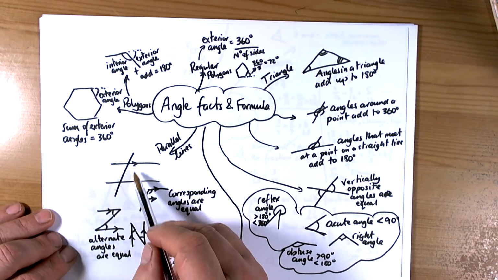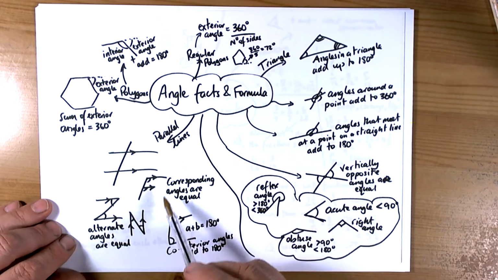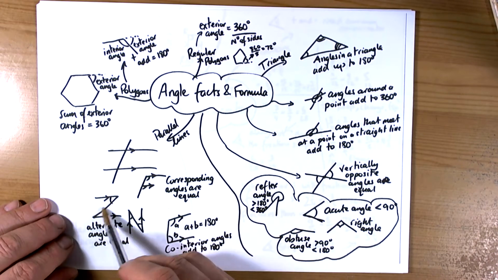Remember arrows, look for those on pictures, because the arrows are telling you that you've got parallel lines involved in the shape, and with parallel lines we have different rules for working out what's the same or what's missing. And look for the letters.